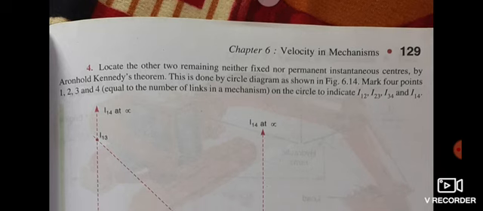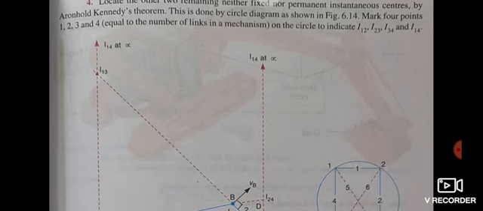This is done by the circle diagram as shown in the figure that we have created. Mark 1, 2, 3, 4, equal to the number of links in the mechanism, on the circle to indicate I12, I23, I34 and I14.